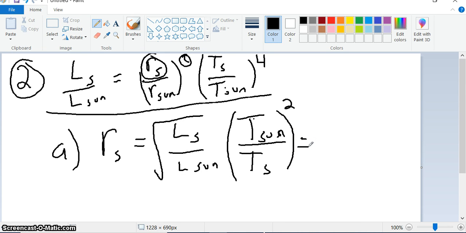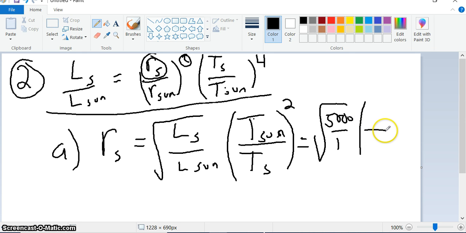For part A, the luminosity of the star is 5,000 times that of the sun, so it's the square root of 5,000 divided by 1, because the luminosity of our sun is 1. Then we compare the temperatures, and remember you do what's in parentheses first.